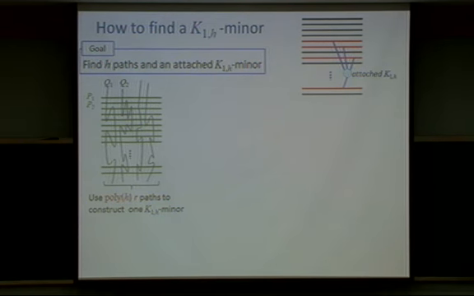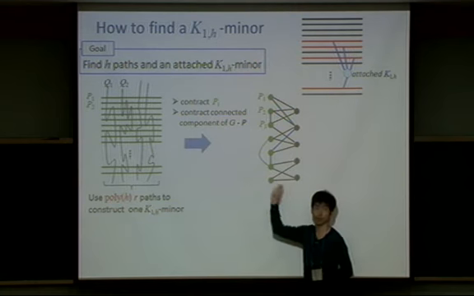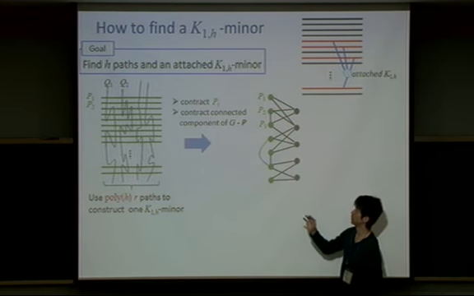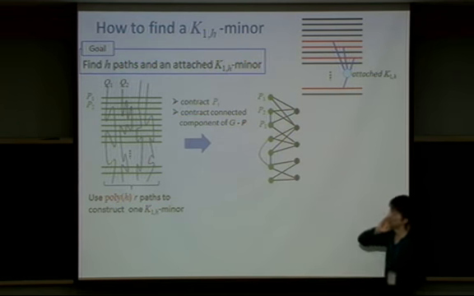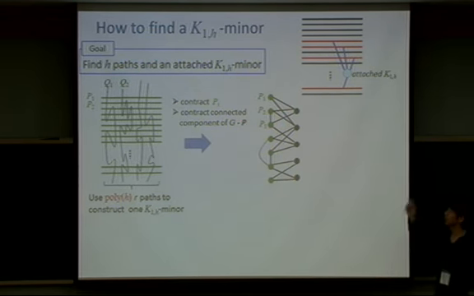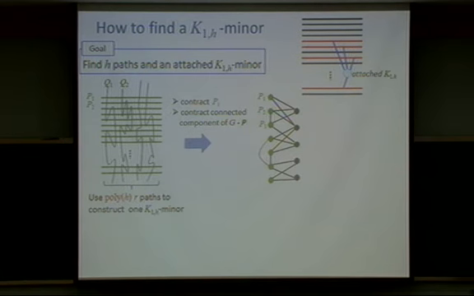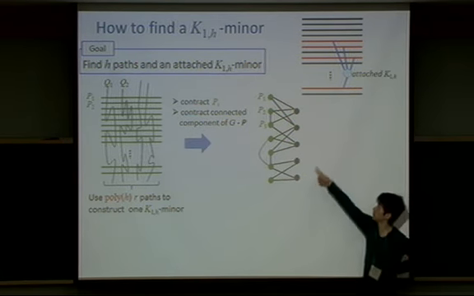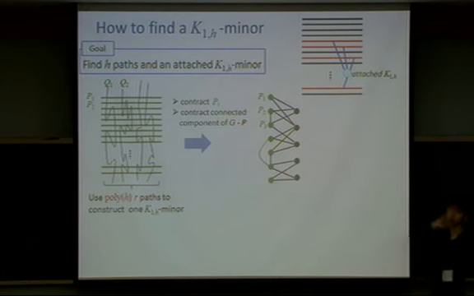So to find a K1H minor, first we consider the graph obtained from this graph by contracting every horizontal path, and we contract every connected component of G minus P like this. Then we want to find a star minor K1H in this graph, such that all leaves are on the left hand side of this graph.